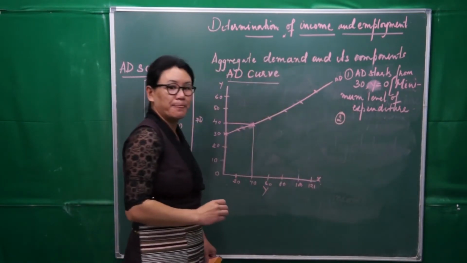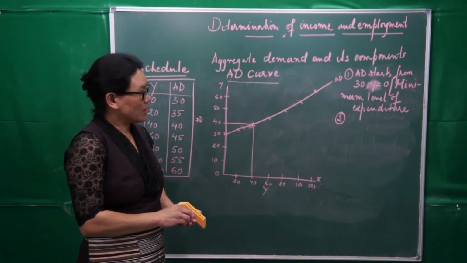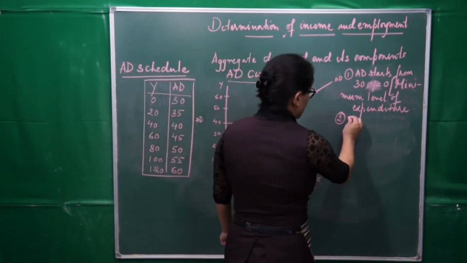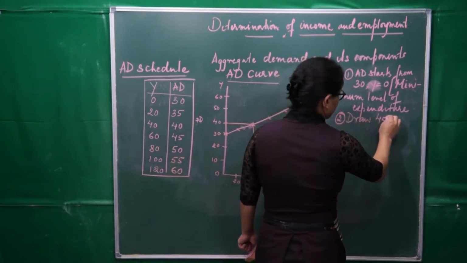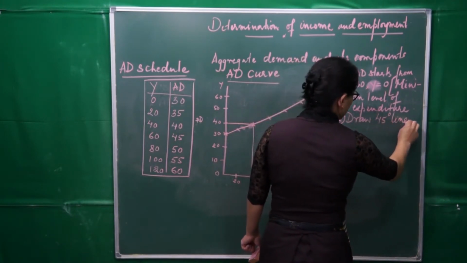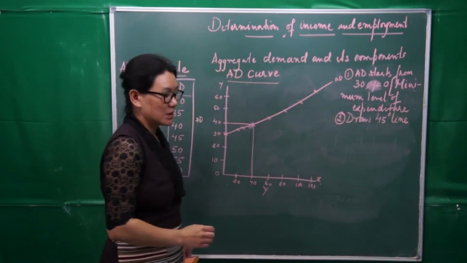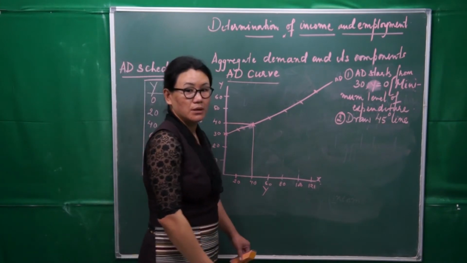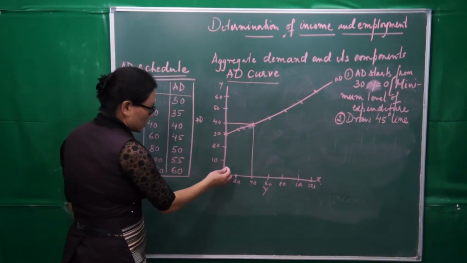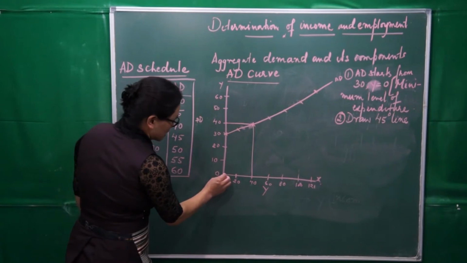Second one is, now what you have to do is you have to draw a 45-degree line which goes in between the x-axis and y-axis. All right. So I'll be doing it here like this.